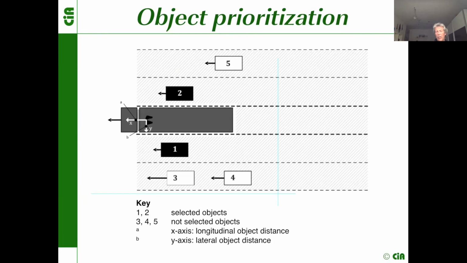We have selected that the most critical ones are objects 1 and 2, and this is sent via the ISO 11939-3 network as information that you have detected 2 objects very close to you. This contains the object distance, regarding the longitudinal and the lateral distance.